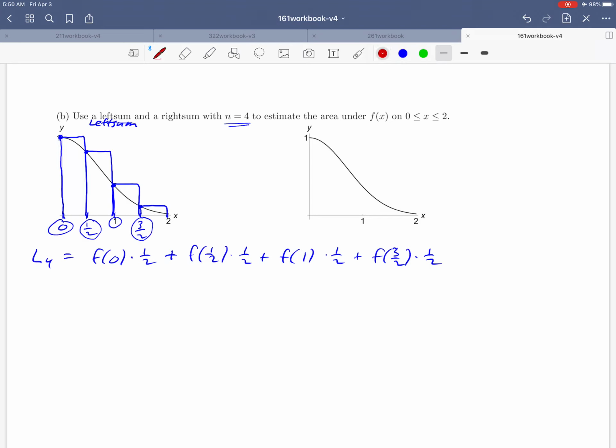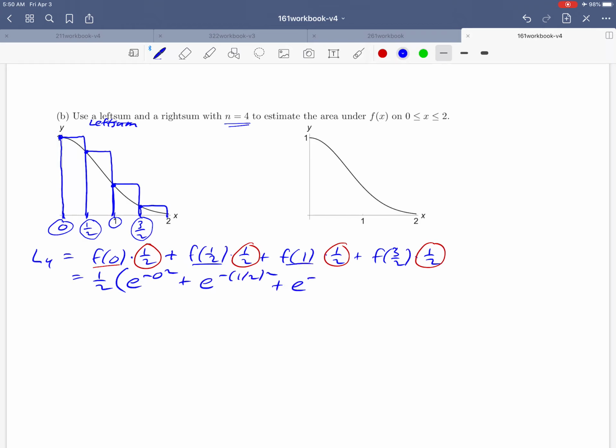Just one algebra point here: there's a 1/2 in every term, so it's customary, and saves us a little bit of time, to factor that 1/2 out and then just worry about the function values. If we start with f of 0, we get that by substituting 0 into our function. Then we come to f of 1/2, that's e to the minus 1/2 squared.